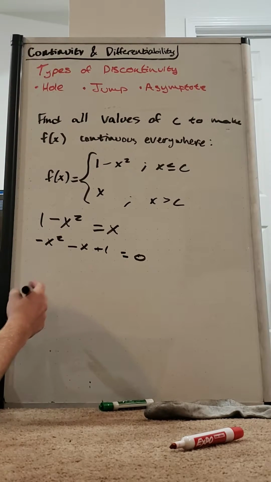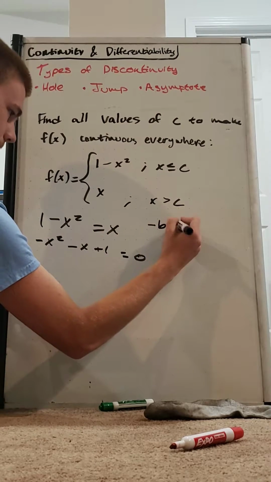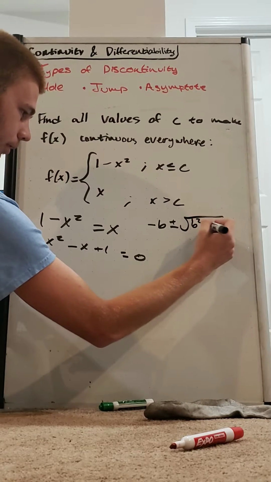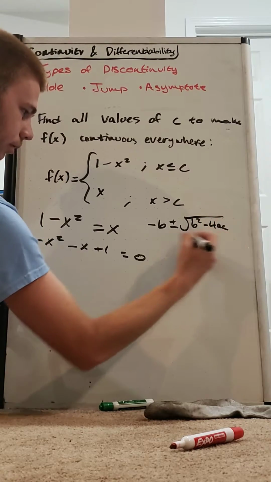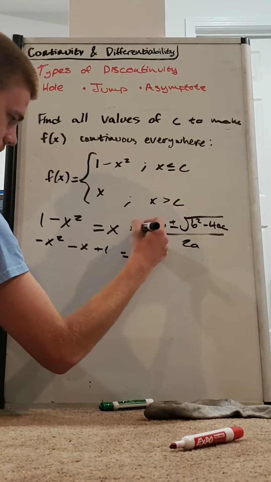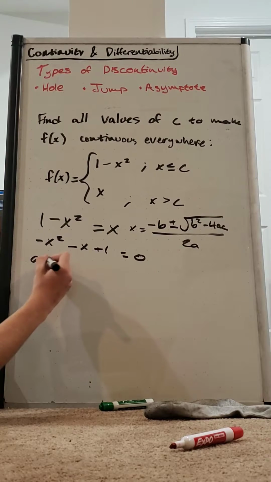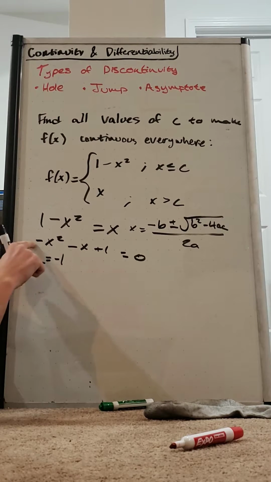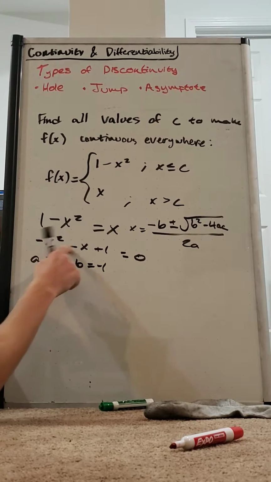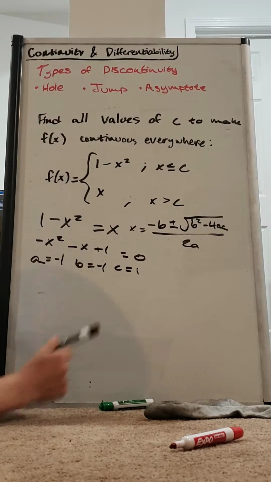If you remember, it's x equals negative b plus or minus the square root of b squared minus 4ac, over 2a. So a equals -1, the coefficient for x squared, b equals -1, the coefficient for x, and c equals 1, and we can plug these in.